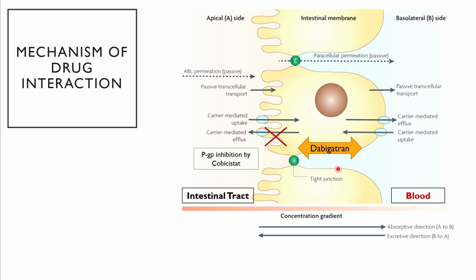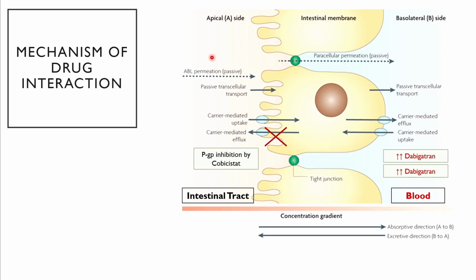And keep in mind that there is always this constant concentration gradient that can go from the apical to the basolateral side, which really determines the intestinal absorption of a medication, or it can go from the basolateral to the apical side, which really determines its excretive gradient.